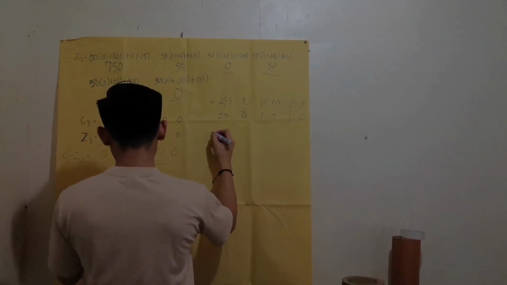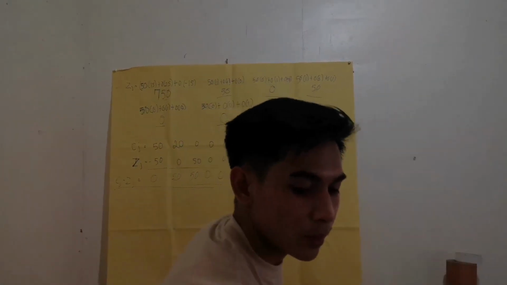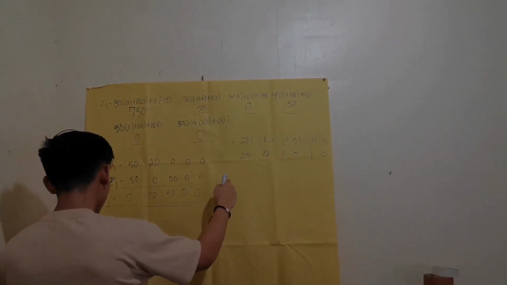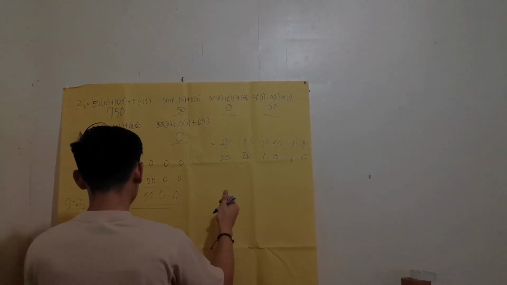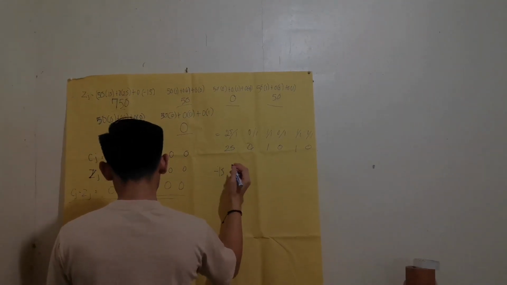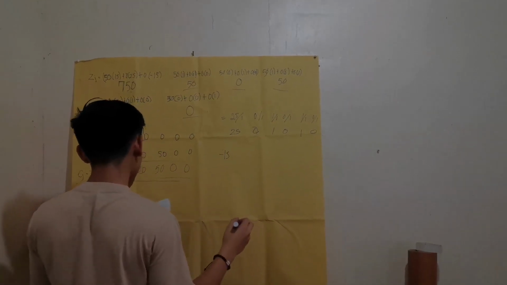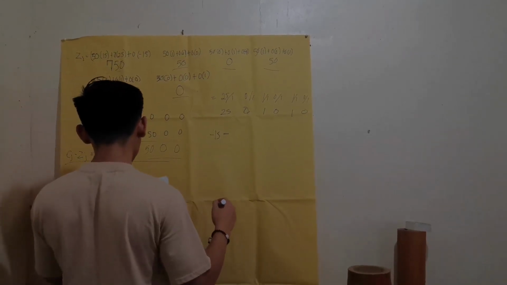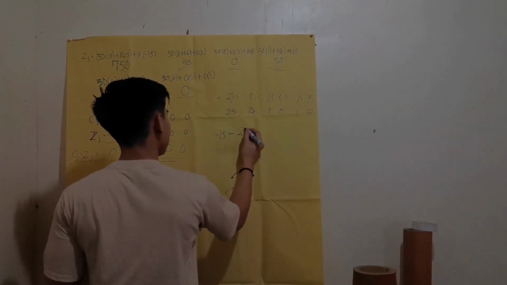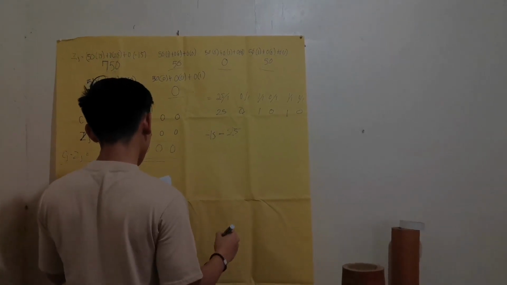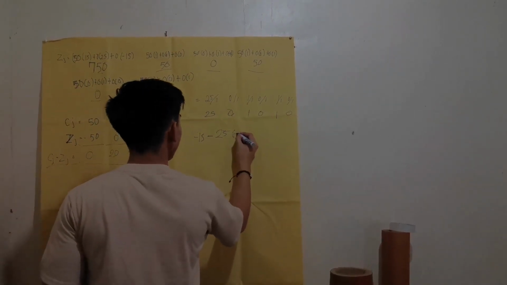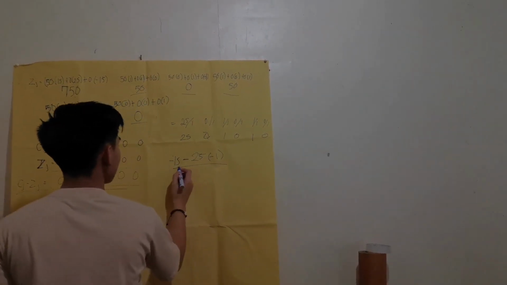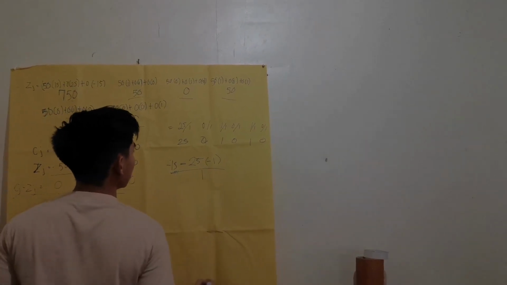Yung element in old row, which is negative 15, minus the associated element found in the pivot row, which is 25, times the element found in the pivot column, which is negative 1, all over the pivot element.